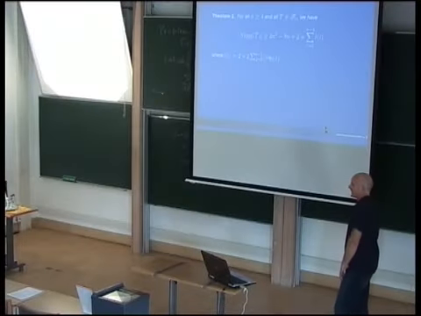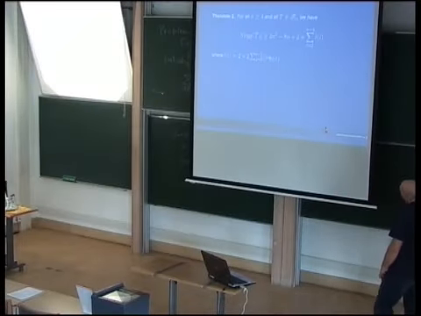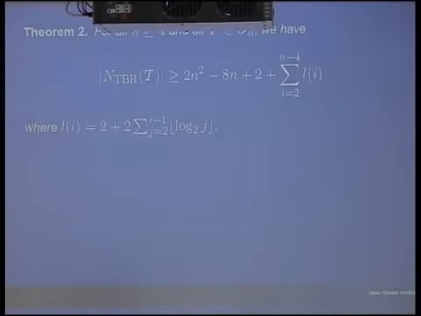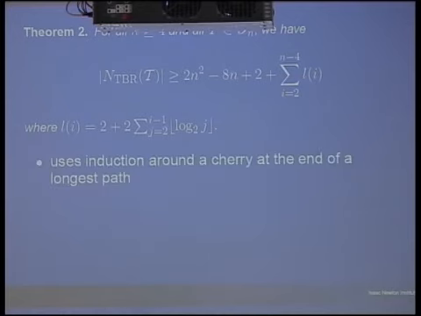Bad news. This is the function that gives you the lower bound. So if you have a look at that for a while, you'll see that you've got a double sum of floors of log base 2, which in anyone's terms isn't any fun at all to work with. But it is a lower bound. Again, it uses this induction from the top picture, except you choose xy to be a cherry that's at the end of a longest path, in which case you can assume R1 or R2 contains at most 2 leaves.